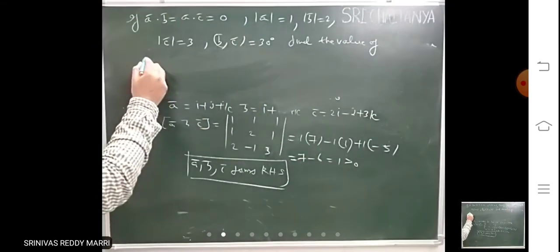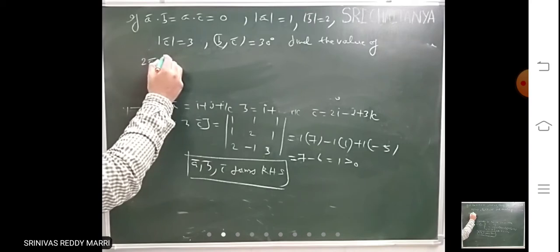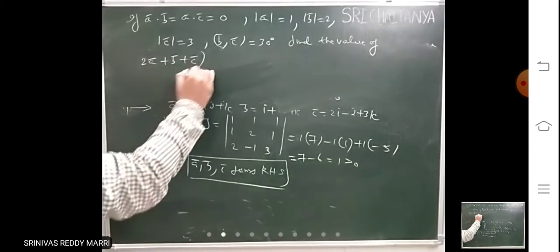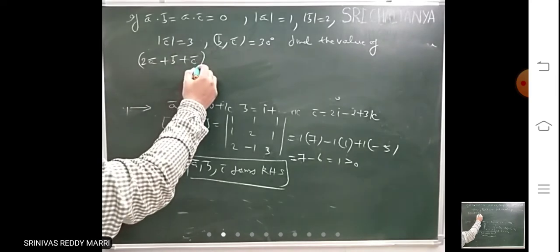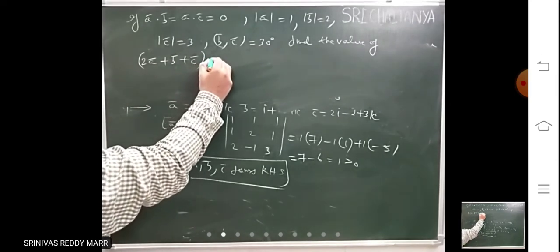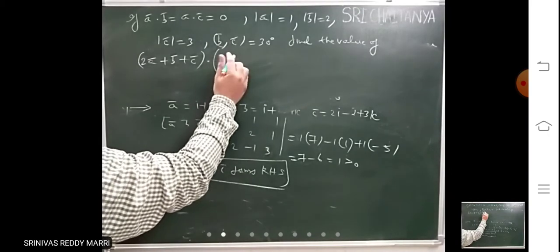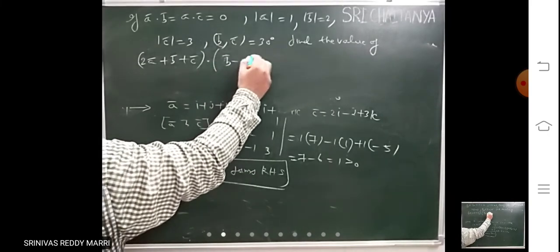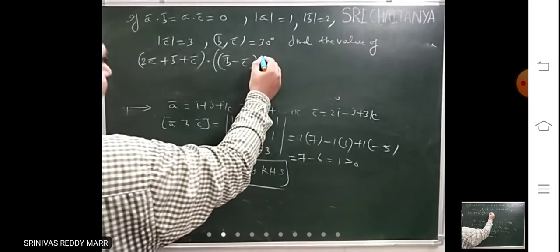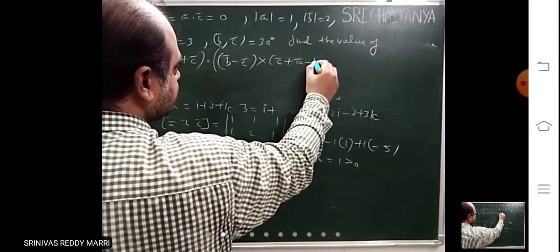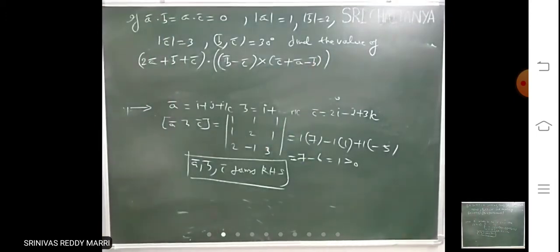Find the value of 2A bar plus B bar plus C bar dot B bar minus C bar cross. So this you have to calculate.